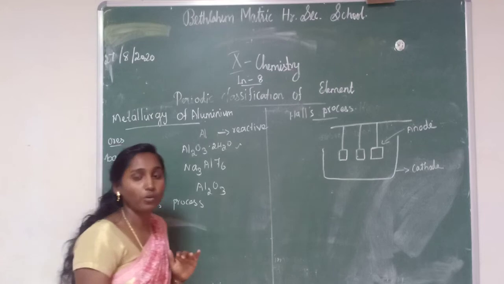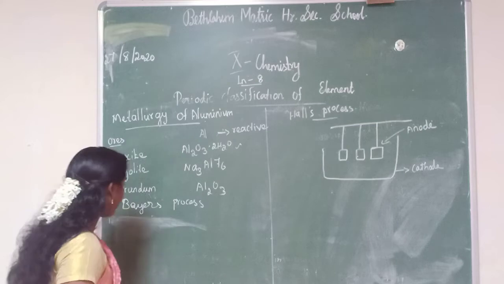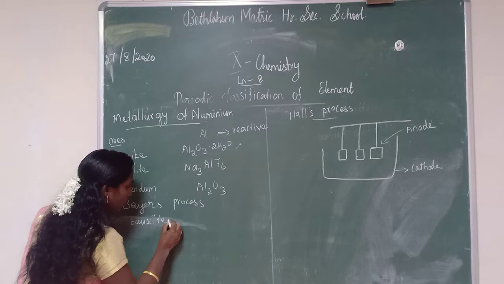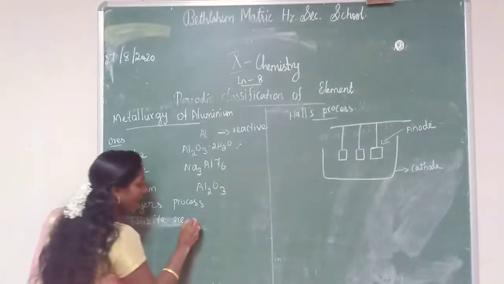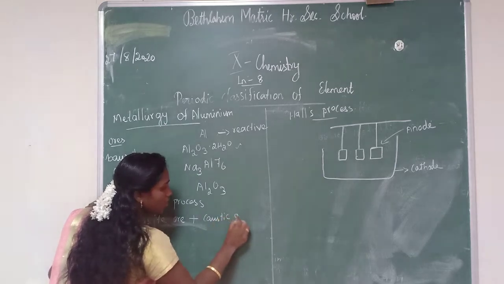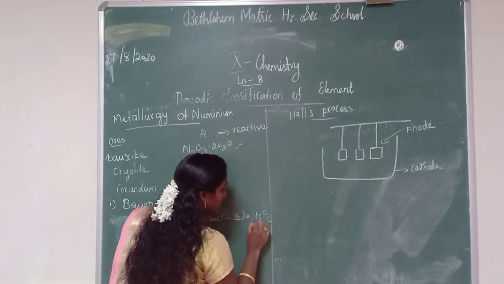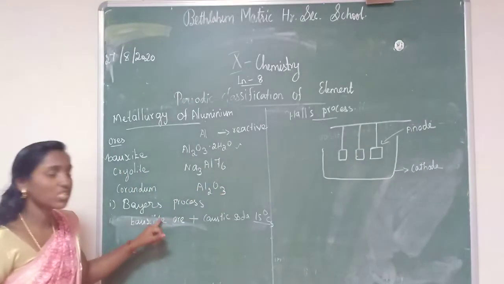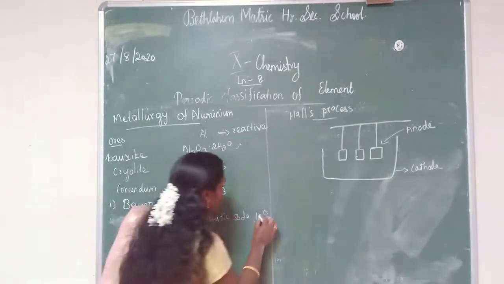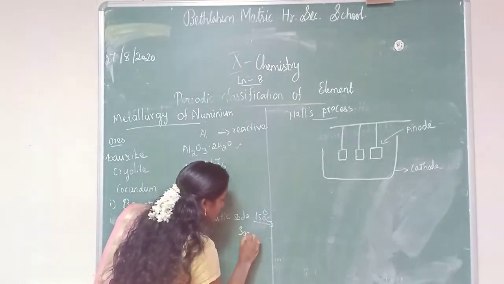First you have to grind the bauxite ore finely and mix it with caustic soda at 150 degrees Celsius to obtain sodium meta-aluminate.